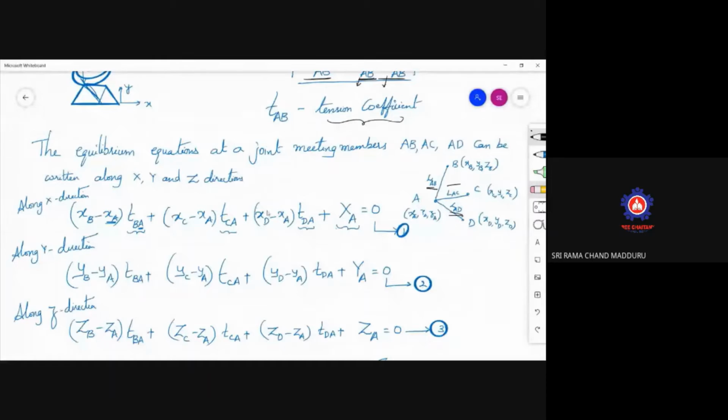Now, the equation of equilibrium along the x direction will be written like this: (xb minus xa) into tba plus (xc minus xa) into tca plus (xd minus xa) into tda plus Xa equals zero. Capital Xa is nothing but the external force acting along the x direction. Similarly, along y and along z, the equilibrium equations will be written.